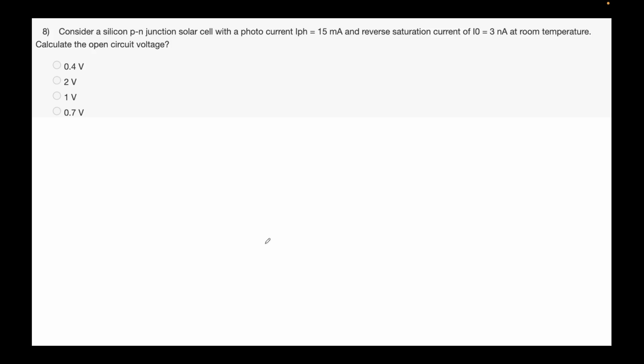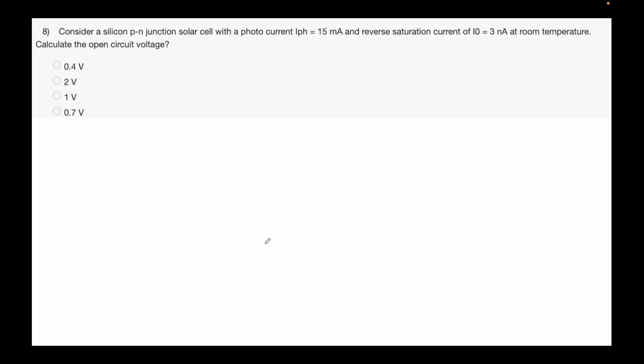Okay. Now a few more problems, and then we'll wrap up the section on solar cells. Consider a silicon PN junction solar cell with this much photocurrent and this much reverse saturation current at room temperature. Find the open circuit voltage.